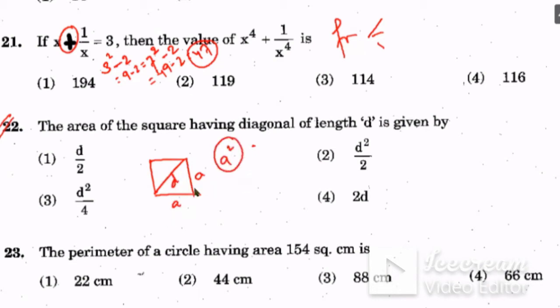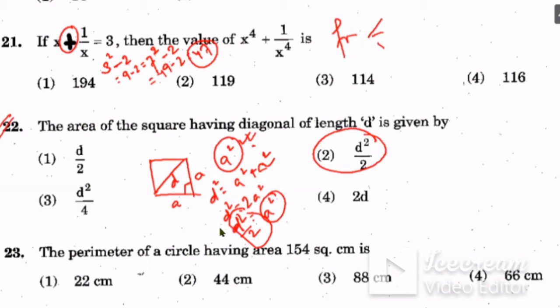So what will a square come out to be? This angle is 90 degrees, so by Pythagoras theorem, you can see that d square is equal to a square plus a square. So this is 2a square is equal to d square. So a square is equal to d square by 2, and this is the area, a square. So now the answer is d square by 2. The second option is the correct answer.